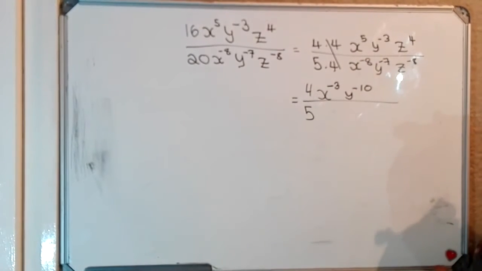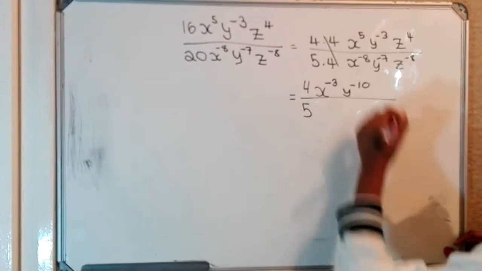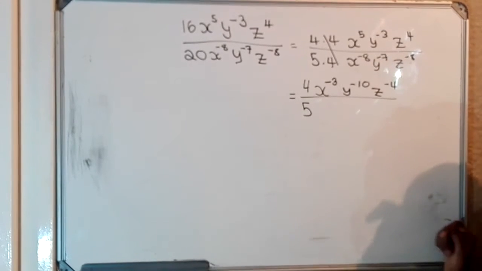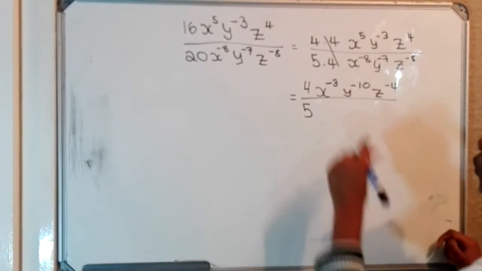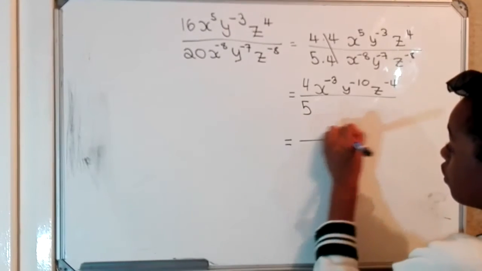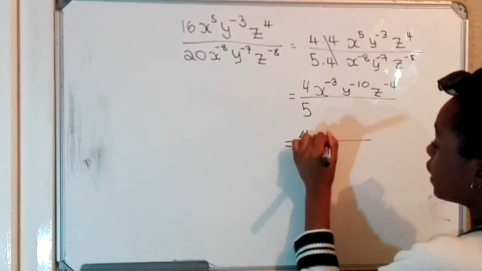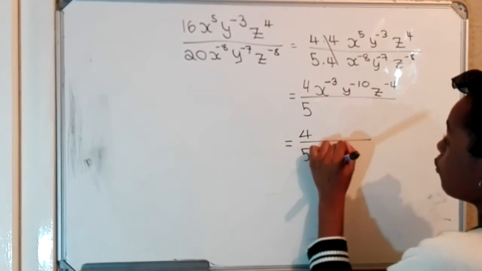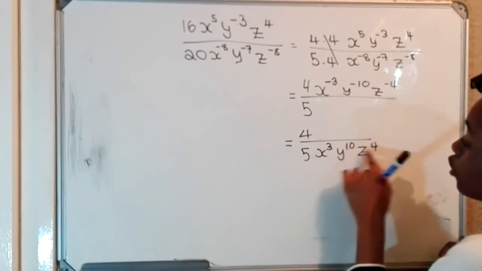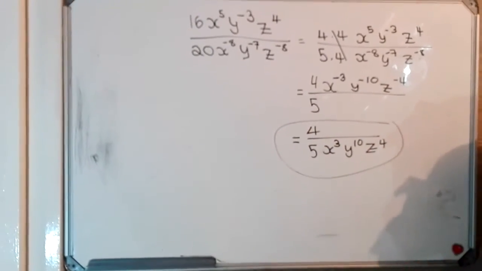And z: 4 minus -8 gives you z^-4. So, because they are all negative, we need to bring them down. So when we bring them down, we're going to have 4 over 5, and we bring this one down, so we have x^3, we bring this down, y to the power of 10, we bring that down, z to the power of 4. So there are no negative exponents, and we can't do anything further. So this is our final answer, everybody, okay?